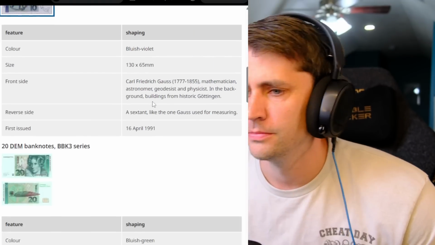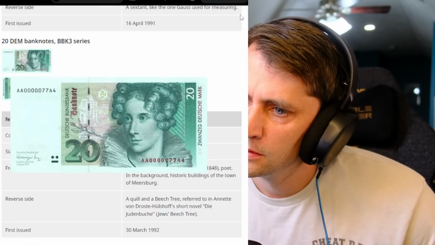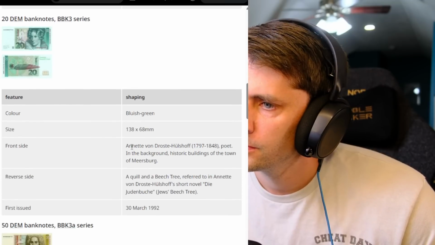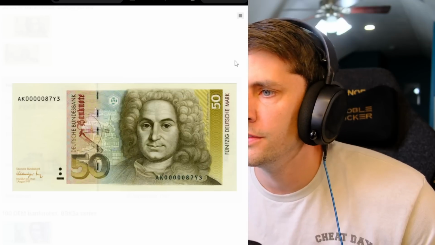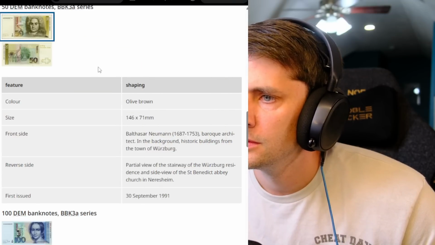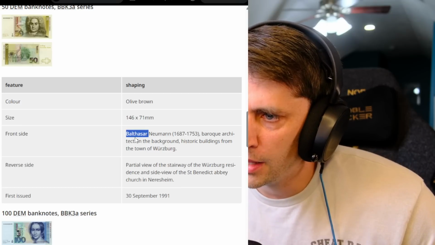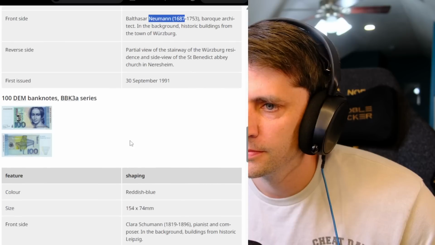That's pretty cool. We've got the 20. I do like the look of these notes. Annette von Droste-Hülshoff, a poet. Here's the 50. Balthasar Neumann, Baroque architect. Very cool.